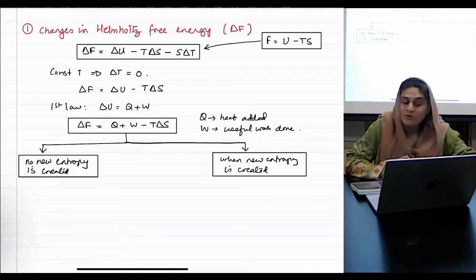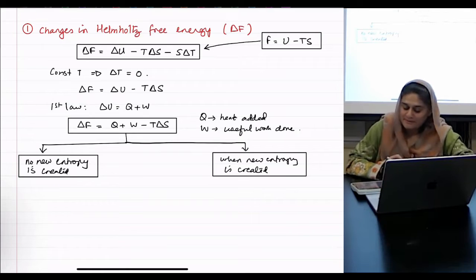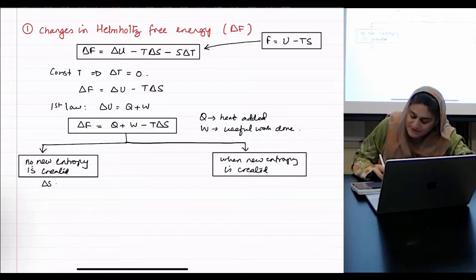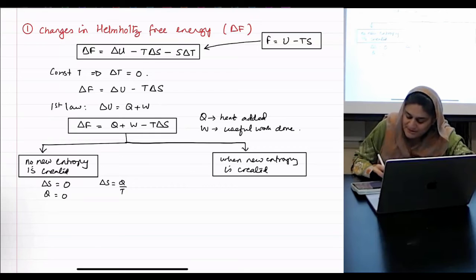So when there is no new entropy created, that means delta S is 0. And that is only possible when Q equals 0, because delta S is Q over T. So that means my above equation reduces down to just that.